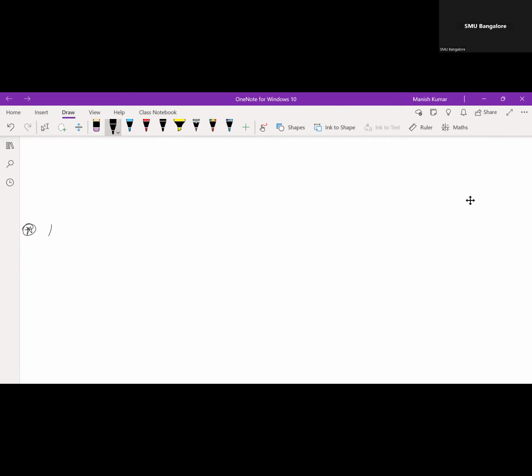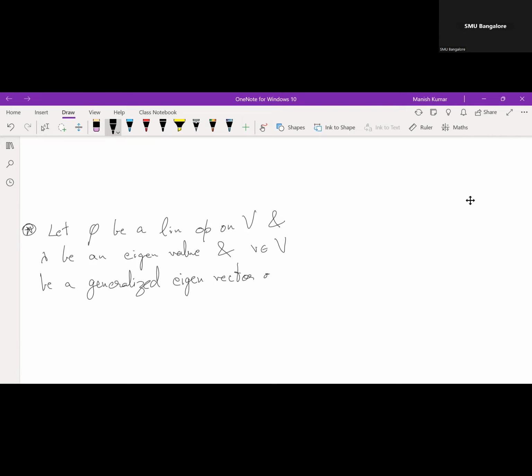Let phi be a linear operator on V, and lambda an eigenvalue, and v a generalized eigenvector of phi.